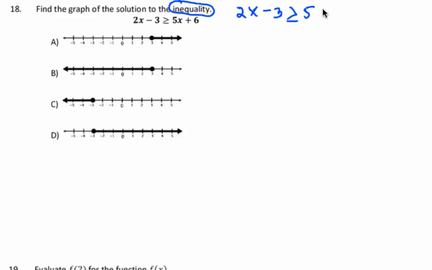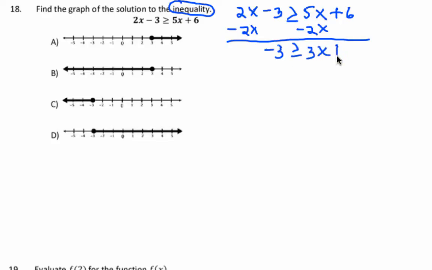If you want to see what happens when you get negative x's, if you put the x's on the left side, then once again refer to the sample A video. So I'll subtract 2x from both sides, and that will give me negative 3 is greater than or equal to 3x plus 6.